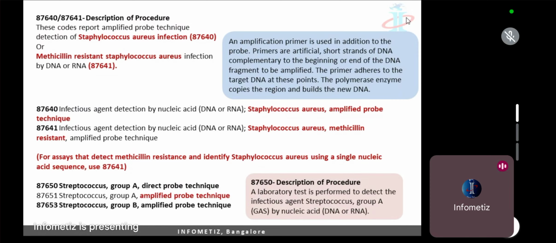So wherever you see probe technique now, check all the codes. It is mostly with the strain of a bacteria or a group of bacteria. There are multiple codes for the probe technique. A few times we have seen questions on the probe.